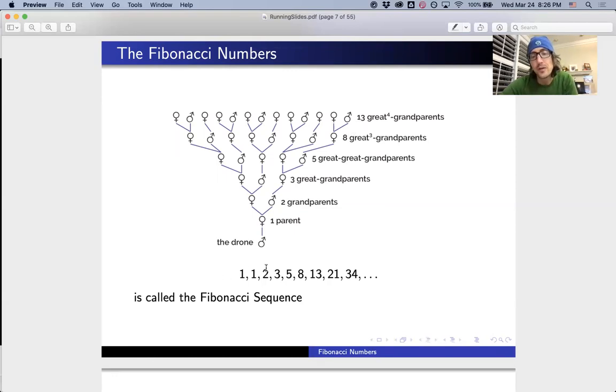We get this beautiful sequence, which is called the Fibonacci sequence: 1, 1, 2, 3, 5, 8, 13, 21, 34. It has this beautiful property that to get from any term in the sequence to the next term, we just add up the two most recent terms. If we add 3 and 5, we get 8. If we add 5 and 8, we get 13. We add 8 and 13, we get 21, and so on.